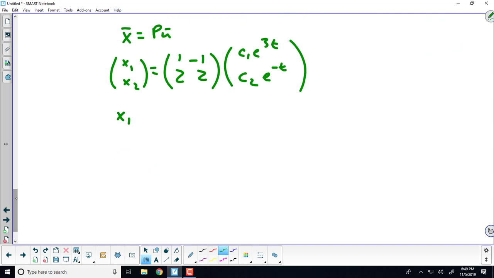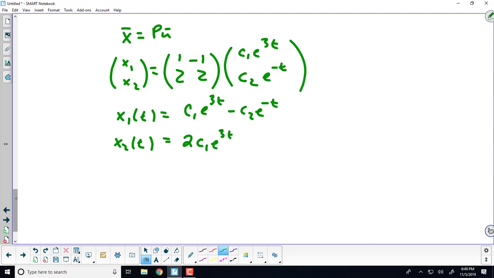And so that tells us that x1 of t is equal to, doing the matrix multiplication, c1 e to the 3t minus c2 e to the minus t. And x2 of t is 2c1 e to the 3t plus 2c2 e to the minus t.